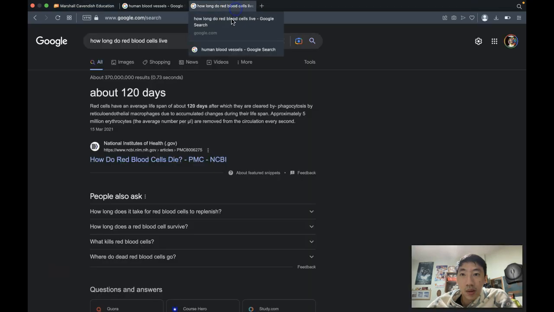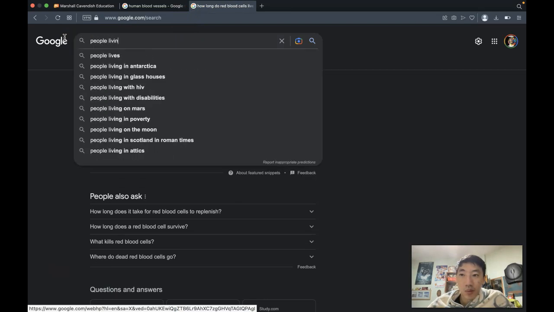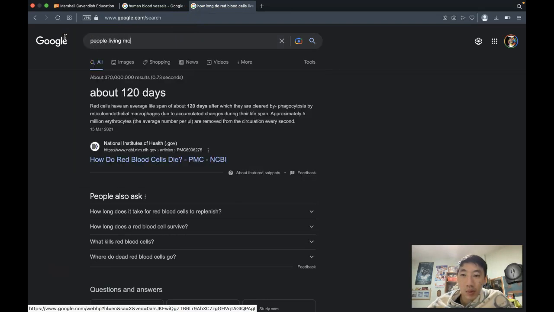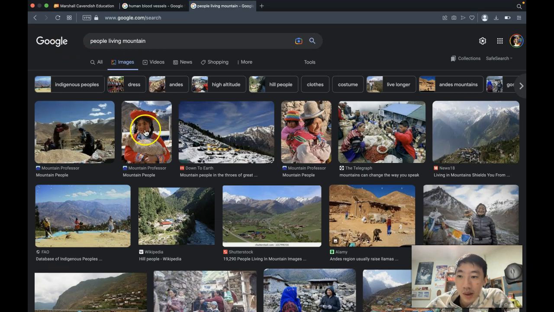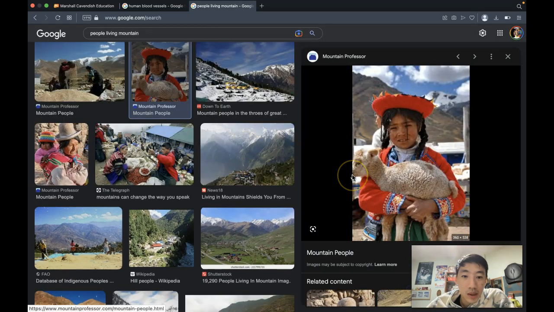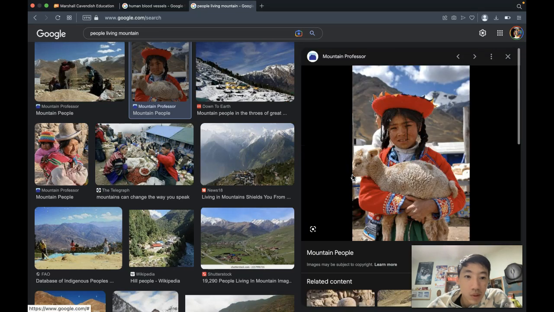Okay, I can't exactly remember the name of this group of people, but people who live in this kind of difficult climate tend to have very red cheeks, right?